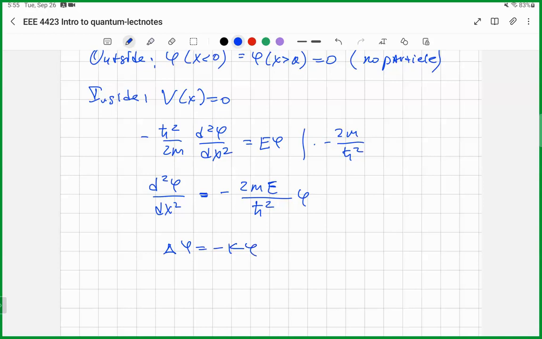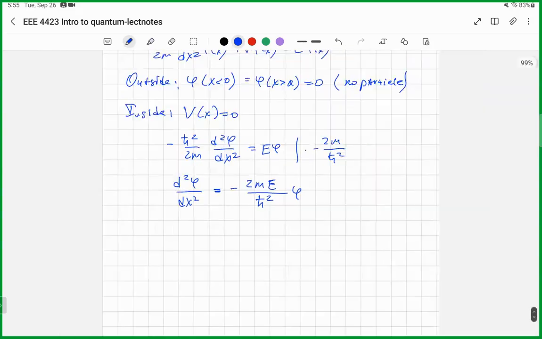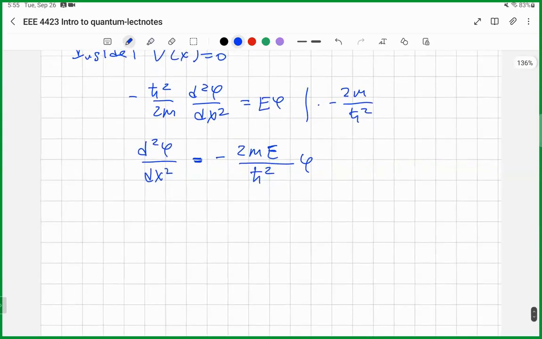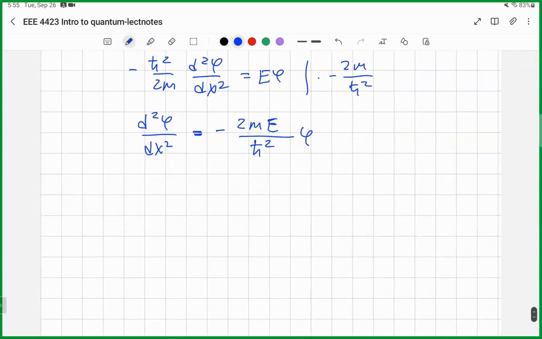The standing wave equation or Helmholtz equation, different names. Typically we solve this equation as a combination of sine and cosine functions of different amplitudes.